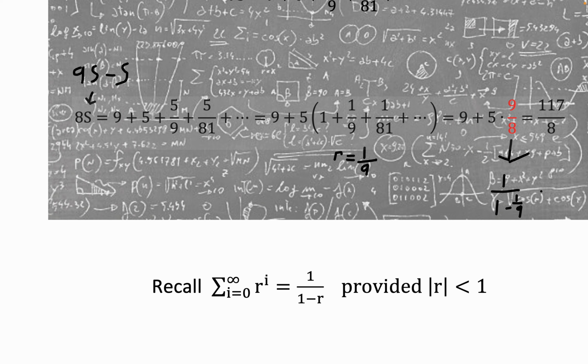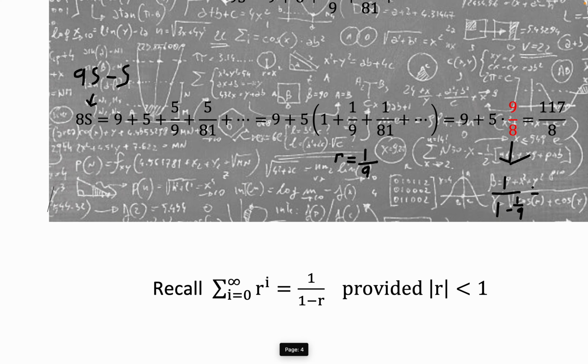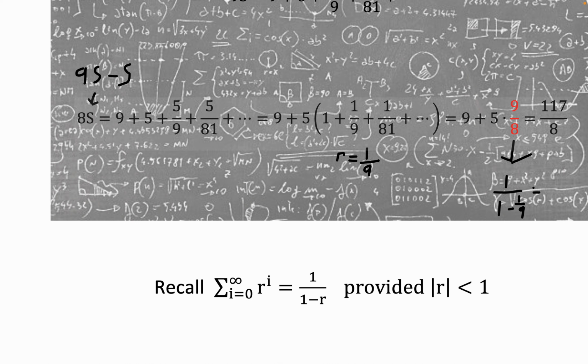And of course, this is 1 over 8/9, 1 over 8 over 9, folks. And of course, a well-known truth from geometry, you just invert this. And that's exactly where the 9/8 comes from, right?